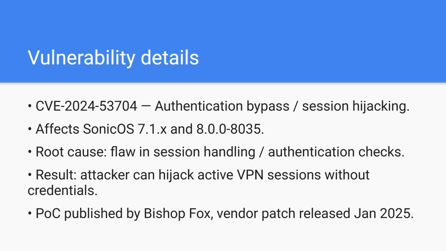The root cause is a defect in the device's session handling and authentication logic. In reality, the VPN server failed to enforce expected authentication checks on some code paths or to validate sessions strongly. As a result, an attacker who can craft specific requests or replay certain session artifacts could be treated by the server as an already authenticated user.